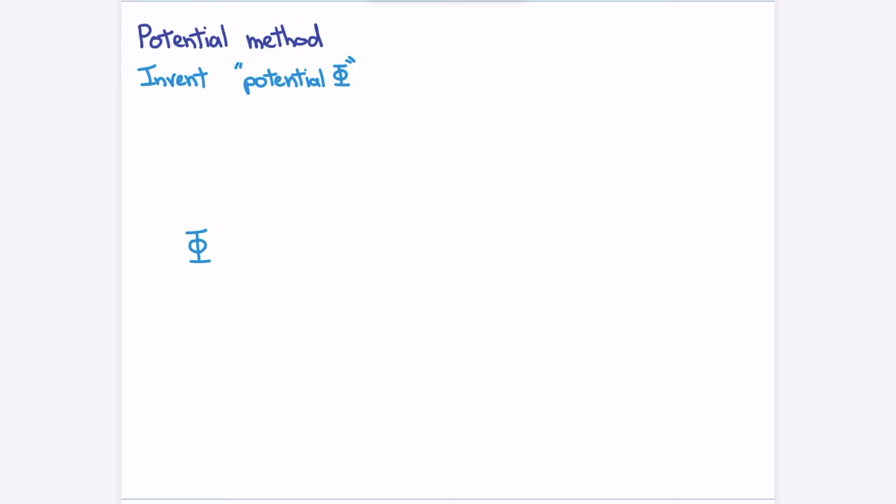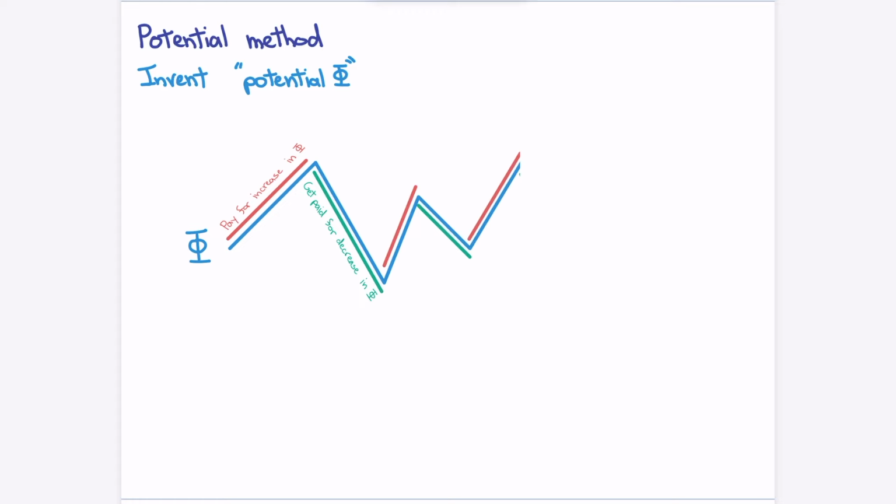The idea is that for each operation, you pay for increases in the potential, and then you get paid back for decreases in potential in the running time. So if the potential decreases by 10, you get 10 free units of running time. And you keep going like this.